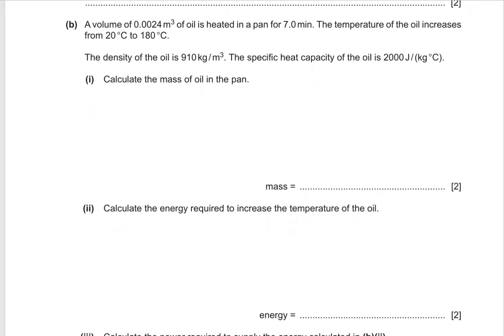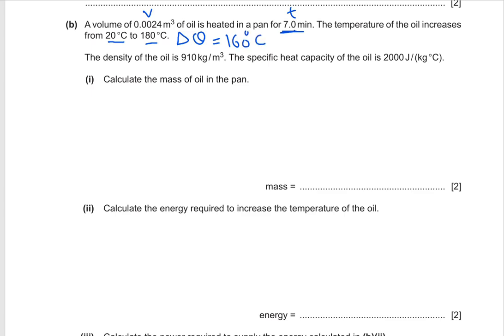In part B, they say a volume of 0.0024 cubic meter. This is the volume of oil heated in a pan for 7 minutes. This is the time. The temperature of the oil increased from 20 degrees Celsius to 180, which means that change of temperature is actually 180 minus 20, it is 160 degrees Celsius.